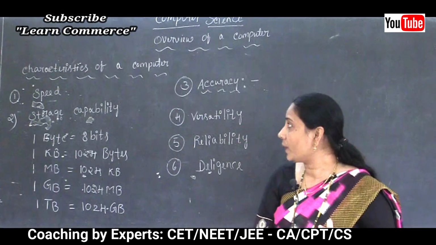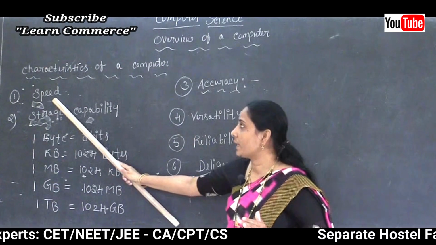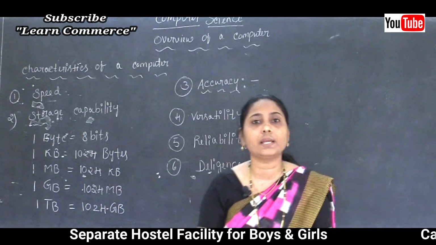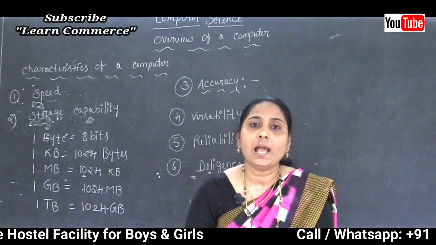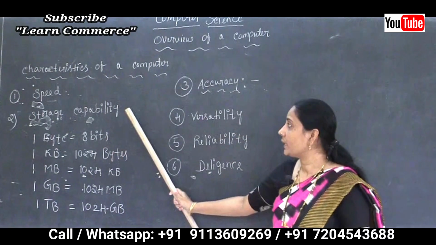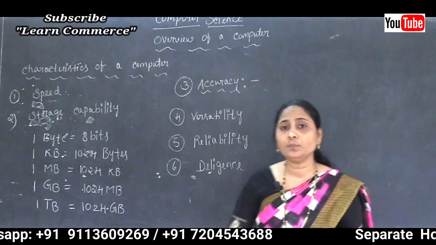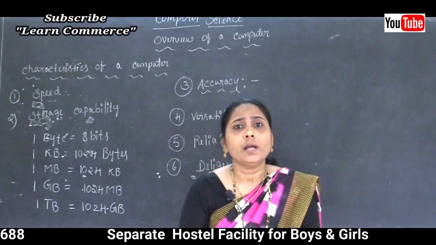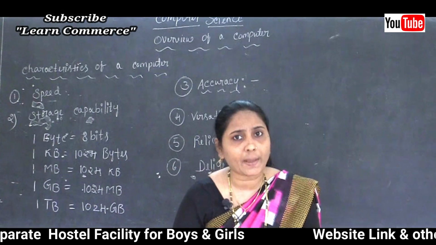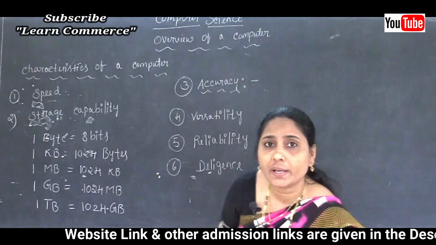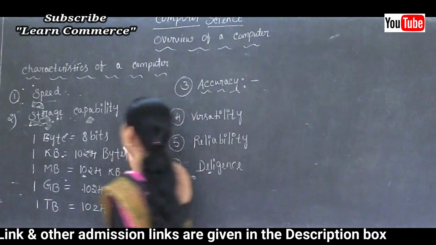Now after completing the first point, that is the speed, let's go to the second one. The second one is called the storage capacity, and the storage capacity is also called the storage capability. We know that the storage capacity or capability applies to both primary storage and secondary storage.